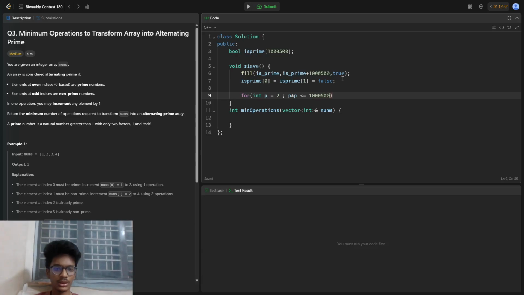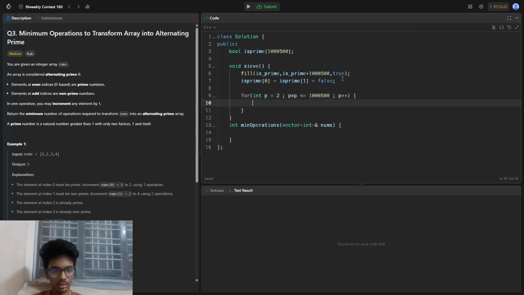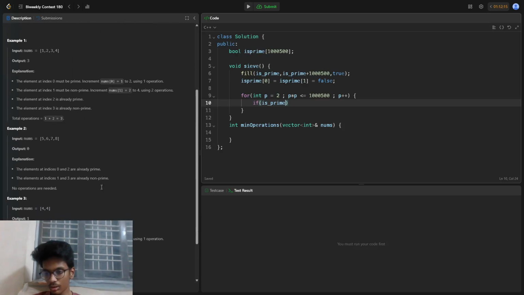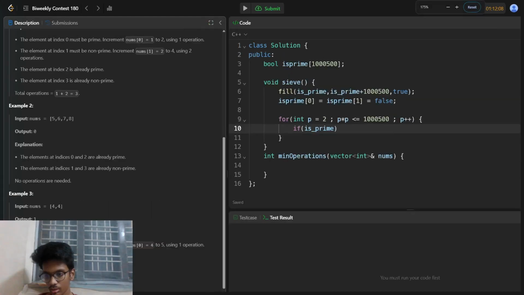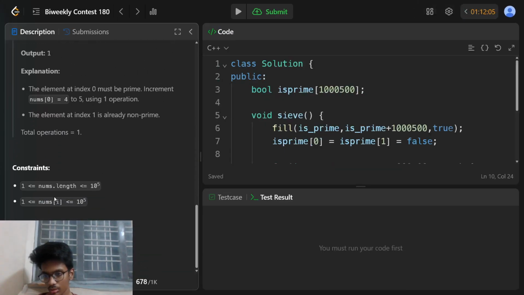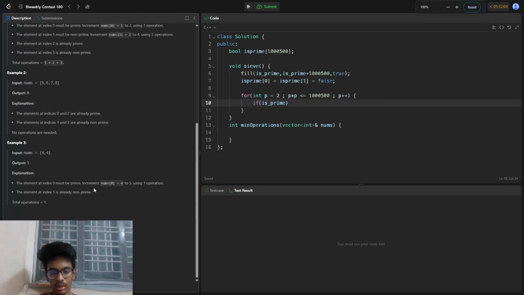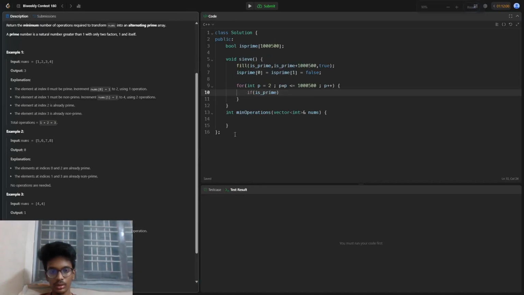Are the dimensions right? They seem right to me. Constraints: nums of I is 10 power 5 or 10 power 6? Okay, I need to change my spectacles.